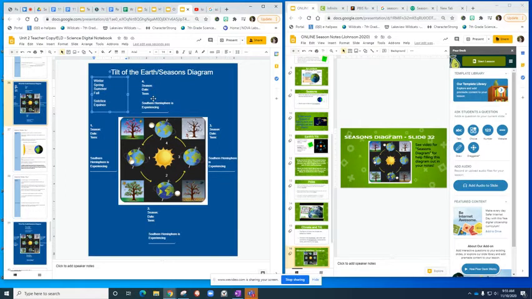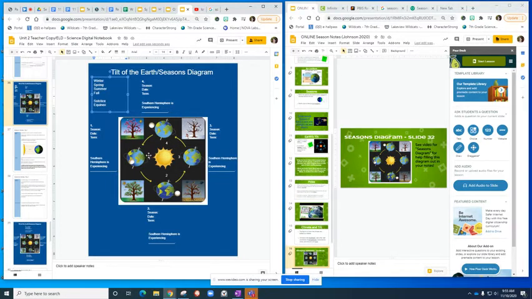don't start by focusing on that, but really start by focusing on, in the diagram here where it's labeled number 1, what season is the northern hemisphere experiencing here? Well, we have the earth at this tilt, and we can see here that this northern hemisphere is tilted toward the sun. And so that means that we're going to be getting more direct sunlight in the northern hemisphere during this time.